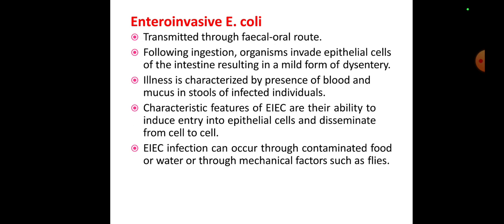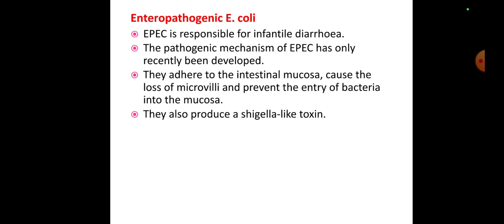The illness is characterized by the presence of blood and mucus in the stools of the infected individuals. The characteristic feature of this enteroinvasive E. coli is its ability to induce entry into the epithelial cells and disseminate from cell to cell. This infection can occur through contaminated food or water, or through mechanical factors such as flies.